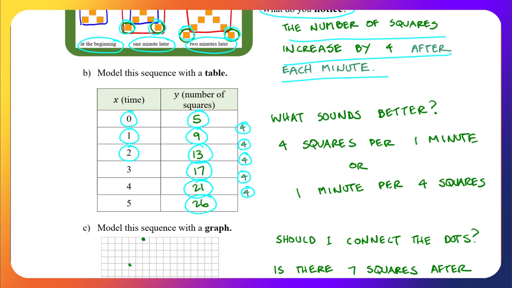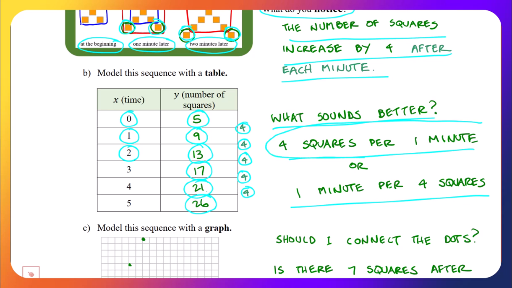Just as a quick comment, in terms of rate, what sounds better? If we increase 4 squares per minute, or in 1 minute we increased 4 squares. And I'd say that this sounds better.